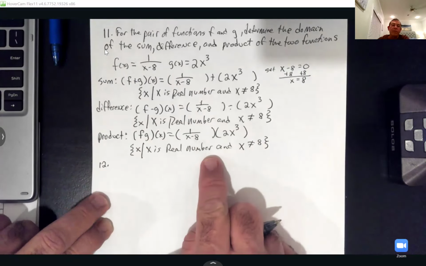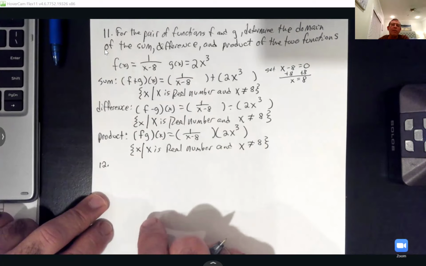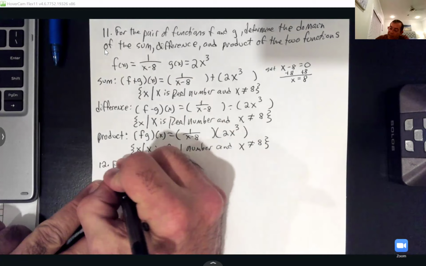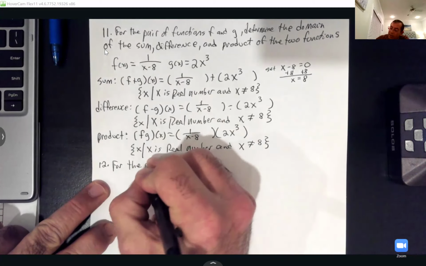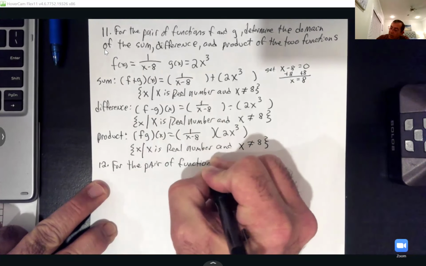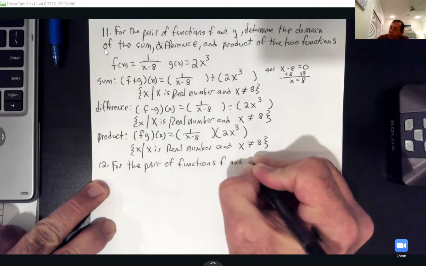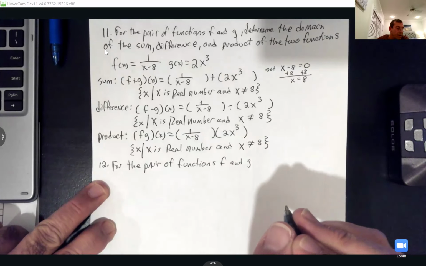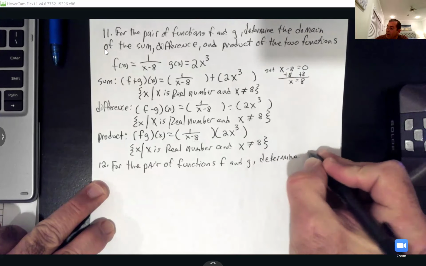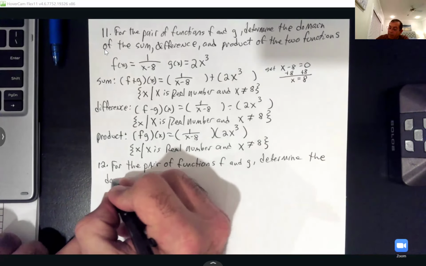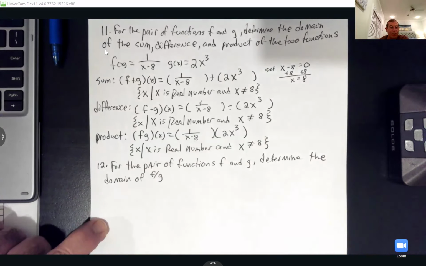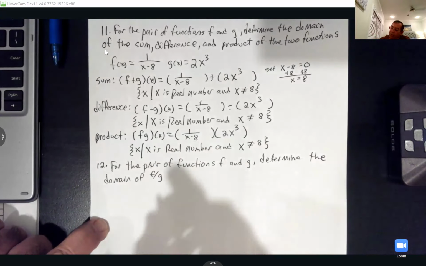Now, the one we didn't do was division, but guess what? Number 12 is doing this for division. So this one says for the pair of functions f and g, determine the domain of f divided by g. Okay, so let's see.